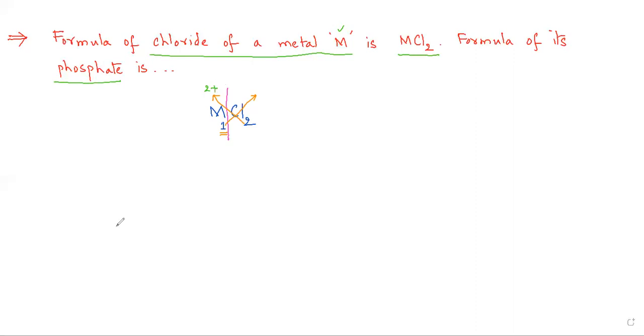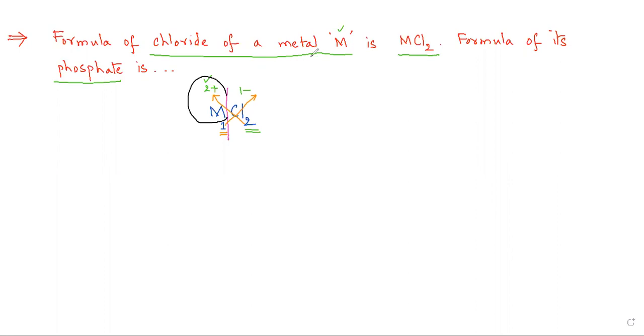Because in general, the cation is written first. Taking this 2 into consideration, you write the formula of metal ion. That comes out to be M+2. Look at this. This is the formula of your metal ion. Now, coming on to the second part, that is the formula of chloride ion. We can simply write it as -1, say 1 minus. Got it?